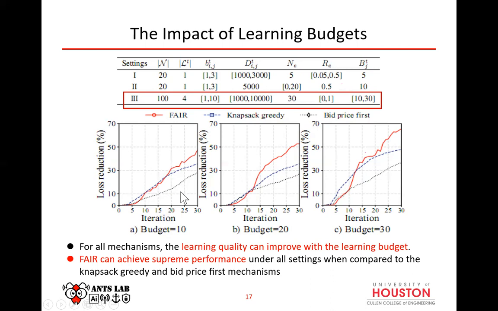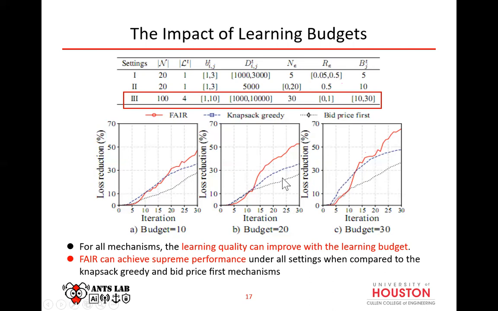We can see that for all three mechanisms, the learning quality improves with the learning budget, and FAIR achieves higher performance under all settings when compared to the other two mechanisms.